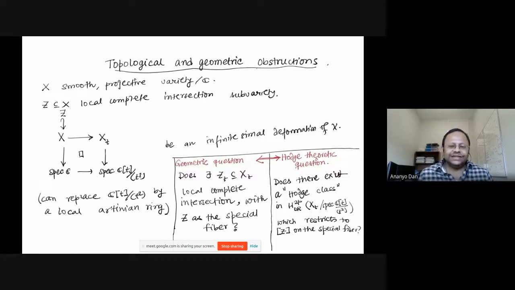There are natural obstruction theories to this. On the topological side, it comes from Hodge theory, and on the geometric side, it comes from deformation theory. So I will try to compare the two things. These two questions are ones the experts are already familiar with, and they have studied these questions.